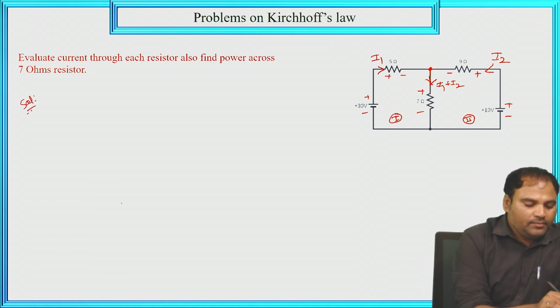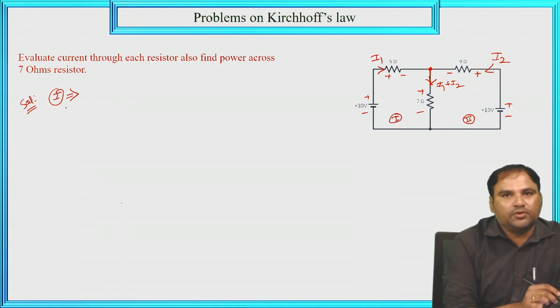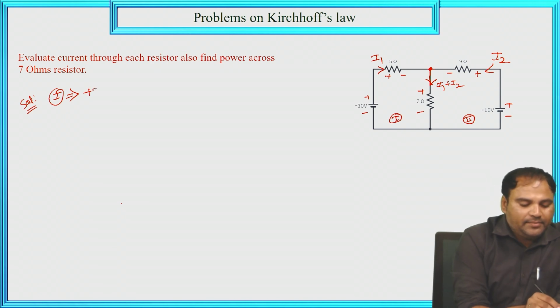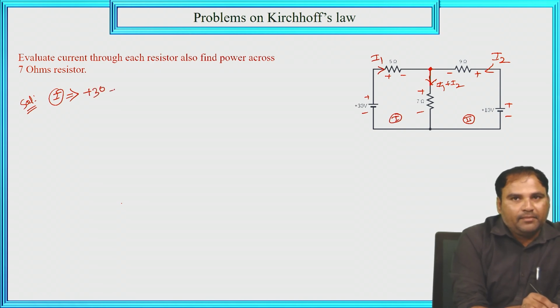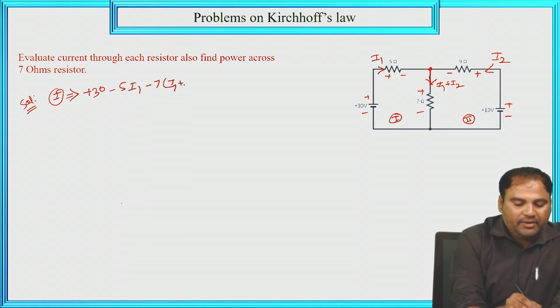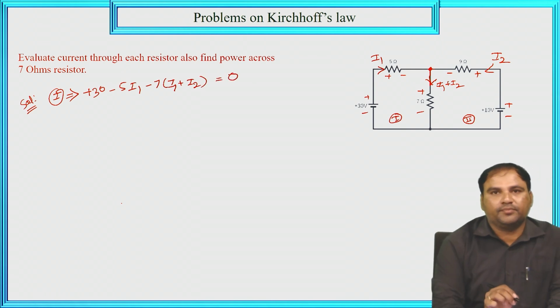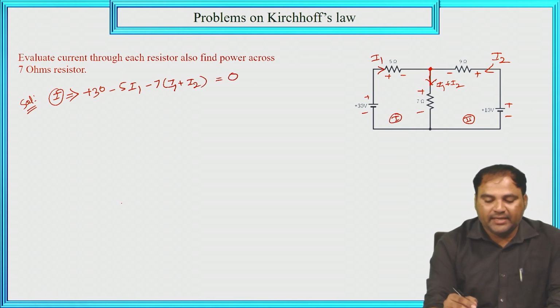Now apply KVL. So here plus 30 minus 5I1 minus 7 into I1 plus I2, that should be equal to 0.